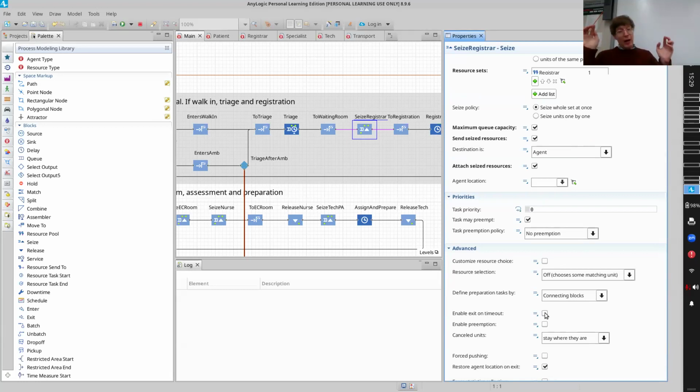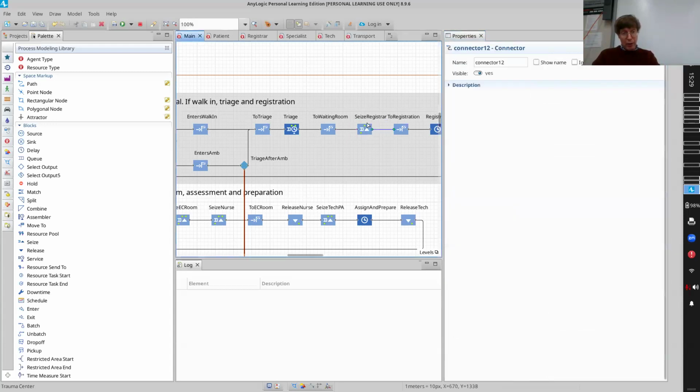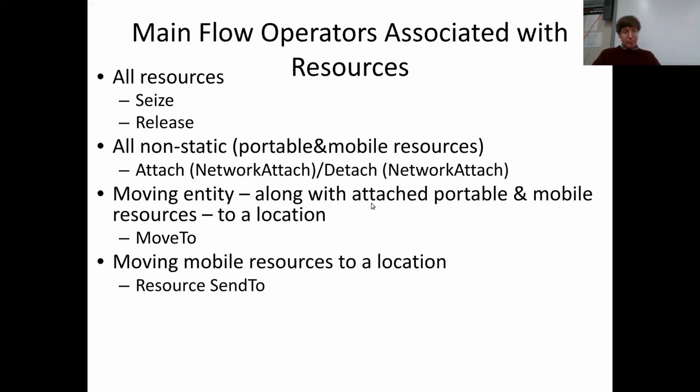I'm afraid I'm going to get sick from people around me. I'm seeing no sign that I'm going to be admitted soon. I'm going to go home. And so you can have people leaving without being seen by hitching up these little connectors to, I believe, this upper right one there, and have them routed around declaratively.